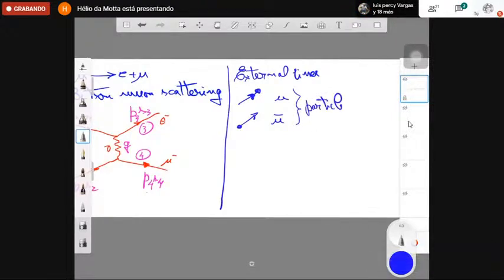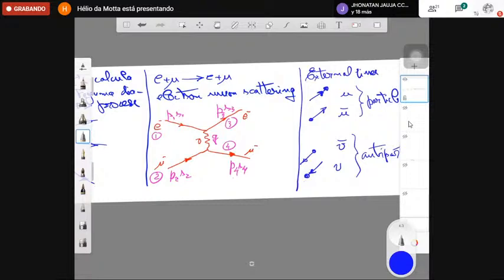And in the other case, the antiparticle, remember the antiparticle is moving backwards in time. Okay, so this will be the antiparticle. For this particular process you have only particles: you have electrons and muons. So you don't have to be concerned with this V and V bar.